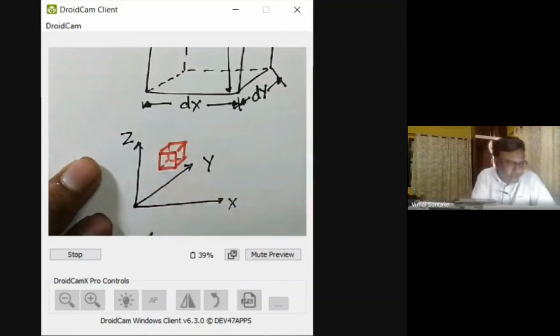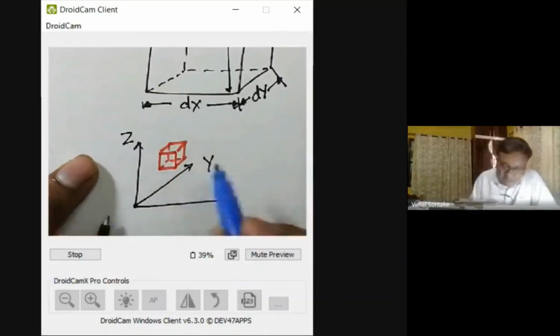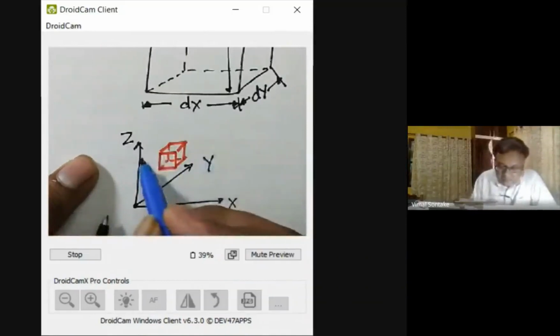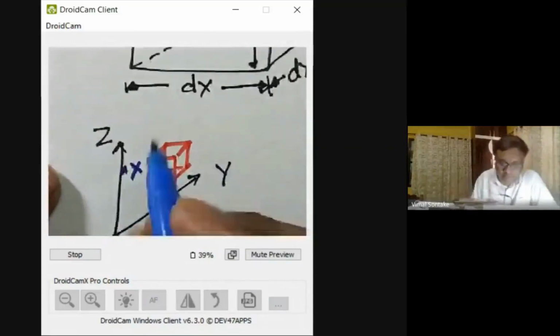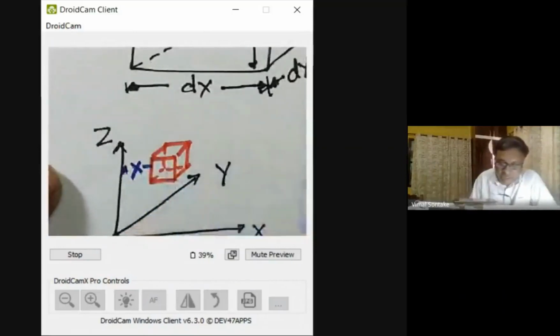Let this element is at distance x in the x direction, at a distance of y in the y direction and at a distance of z in the z direction.